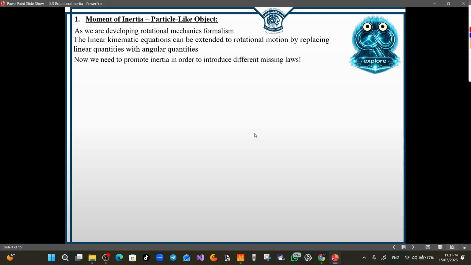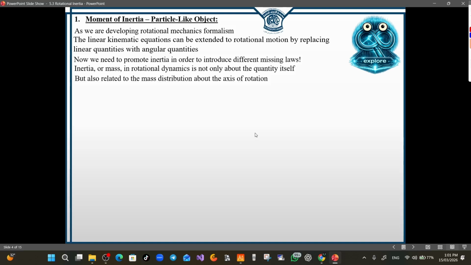Now we need to promote the inertia in order to introduce the missing laws. And what I mean by inertia is the mass. In rotational dynamics, it is not only about the quantity itself, but also related to the mass distribution about the axis of rotation. Previously in Unit 2, we developed a big law known as Newton's second law, in which we defined the mass or the inertia.